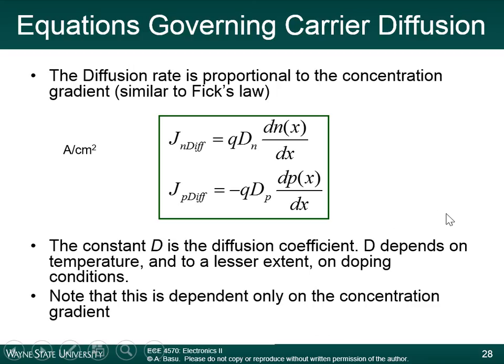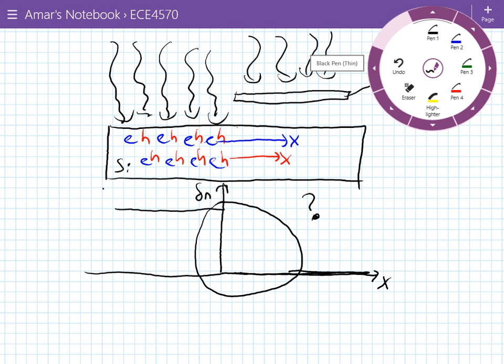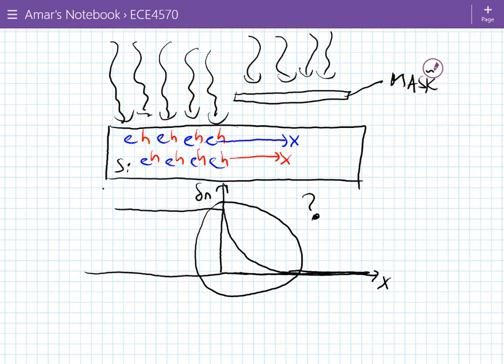Now, what we'll eventually find out is that this actually forms an exponential profile like this. We call this sigma n 0.